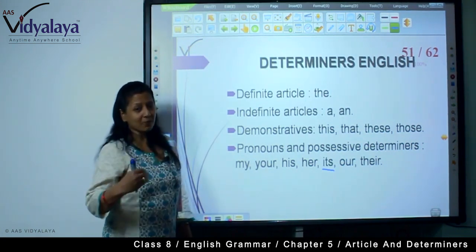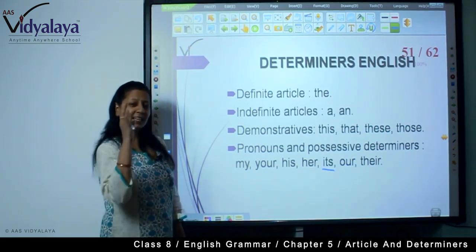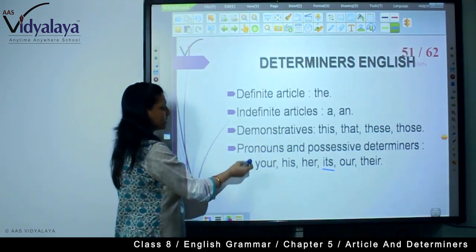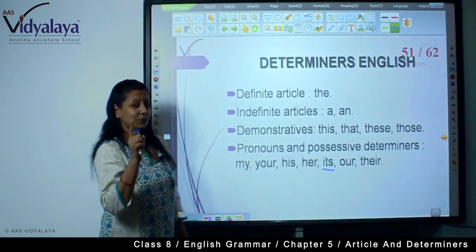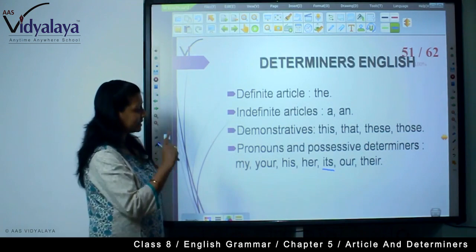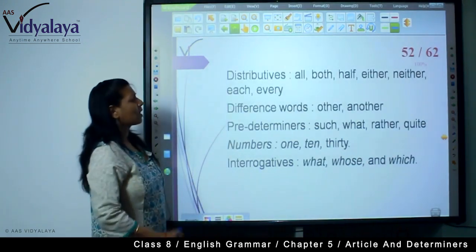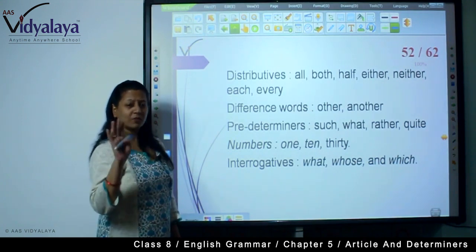See, our project, their classroom. So we are seeing nouns after this. But earlier with subject pronouns we were not using nouns, so they were not determiners. These are determiners. And then distributives, all of them.